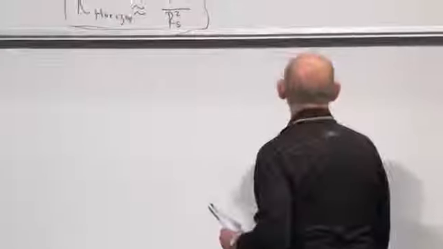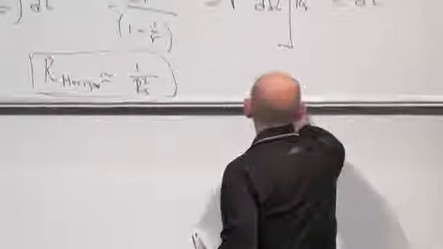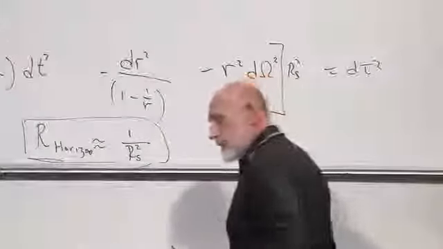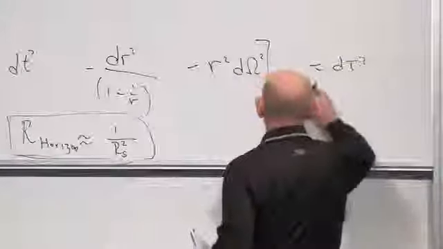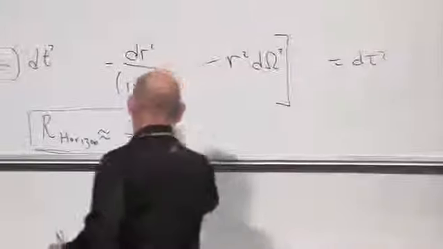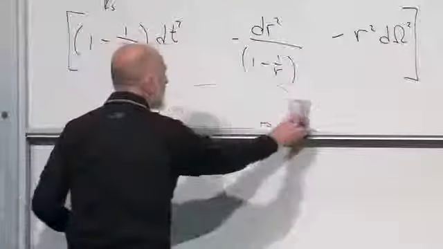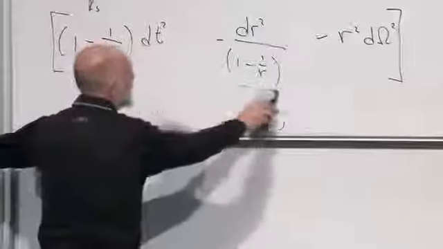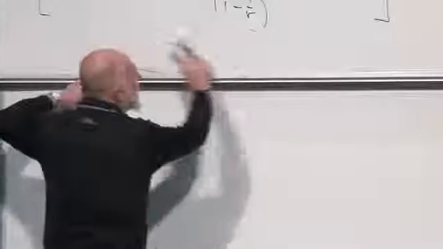Now let's concentrate on this geometry. Let's throw away this r squared here. It's there, but let's concentrate on the geometry of a unit black hole, or a black hole for which you have set 2mg equal to 1.